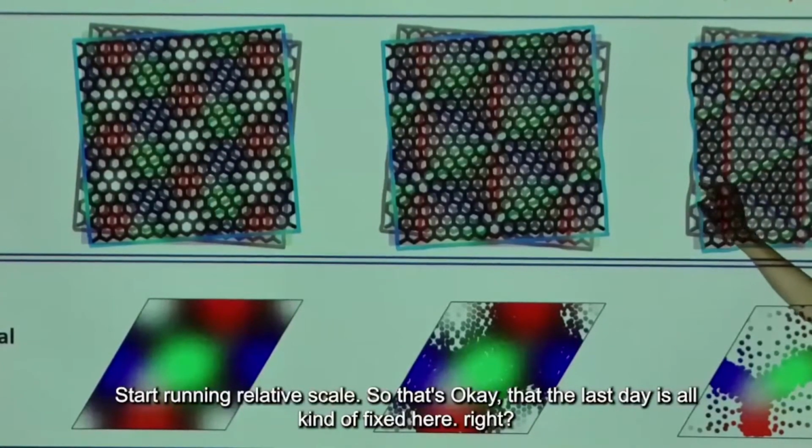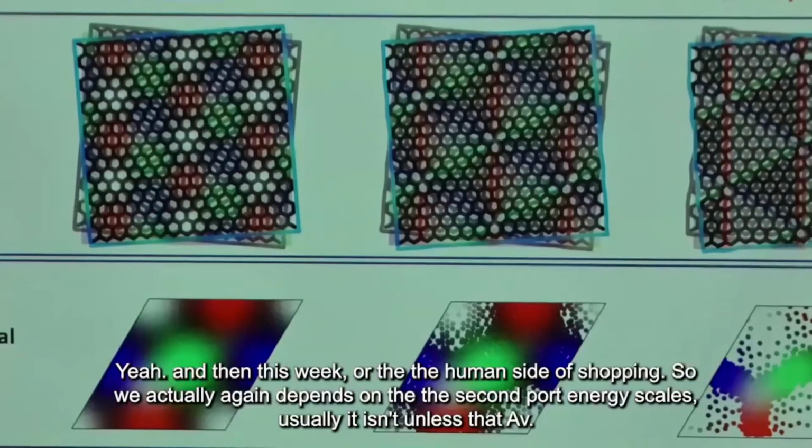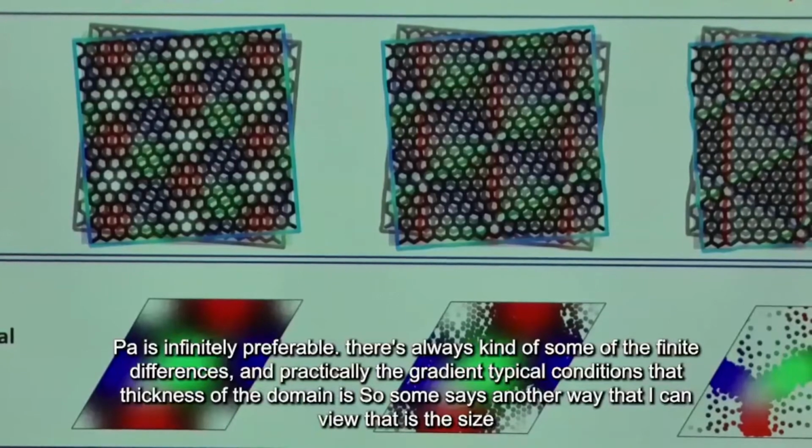The domain size or sharpness of the width again depends on the stacking fault energy scales. Unless AB and BA is infinitely preferable, there are always some finite thicknesses, and in graphene under typical conditions the domain wall width is several nanometers.